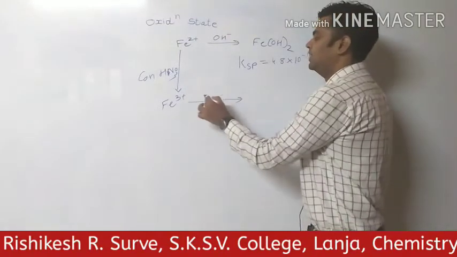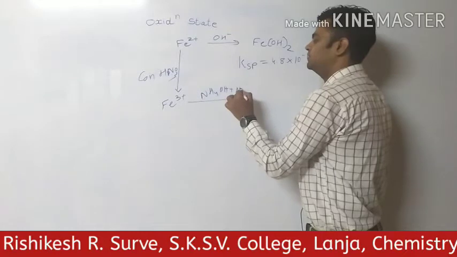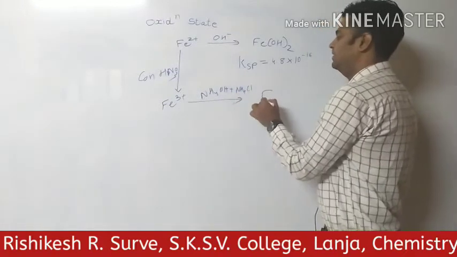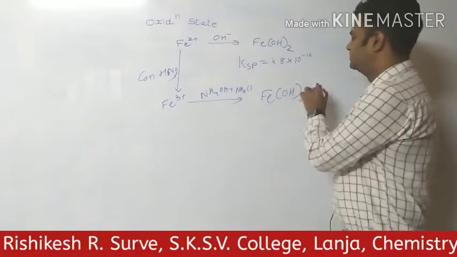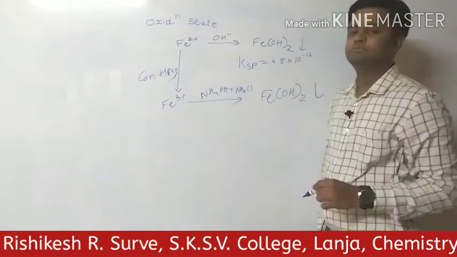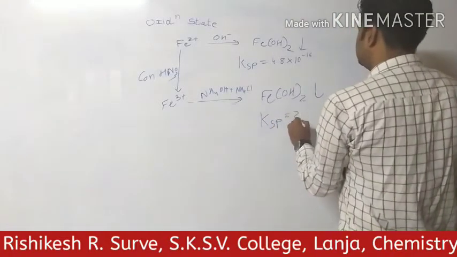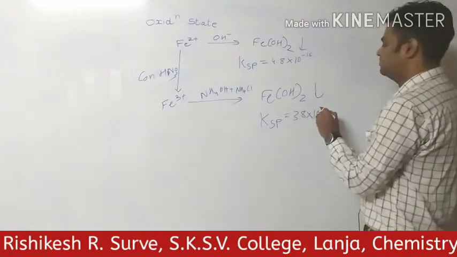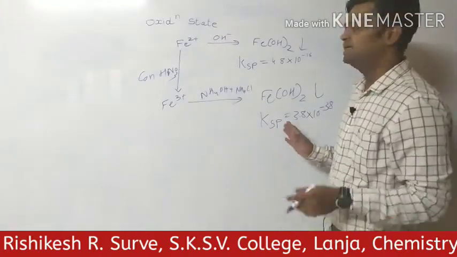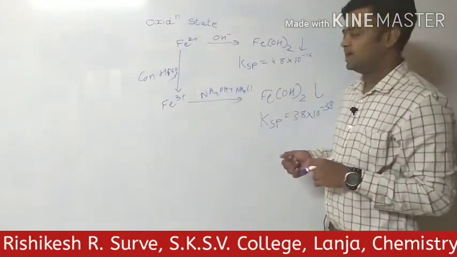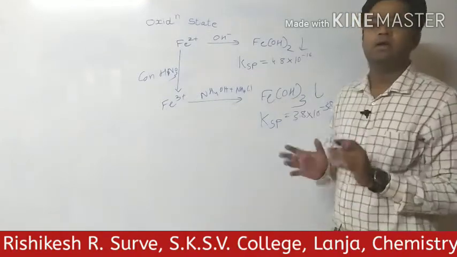After that, on addition of NH4OH and NH4Cl, it will form ferric hydroxide precipitate, since its Ksp value is 3.8 into 10 raised to minus 38, which is quite small and can be easily reached, and that's why we get precipitate of ferric hydroxide.